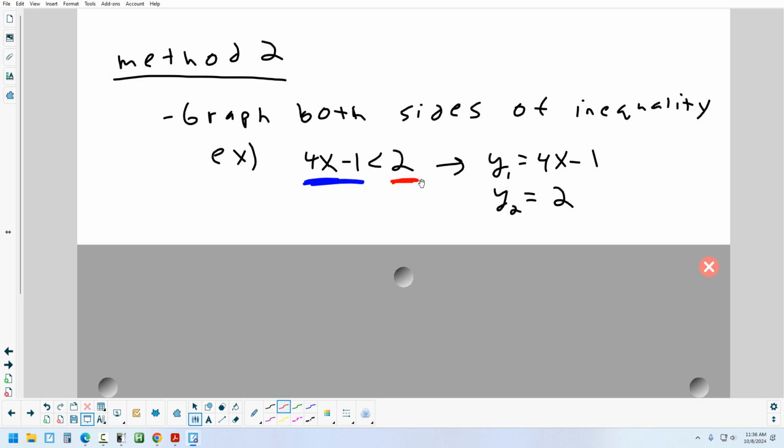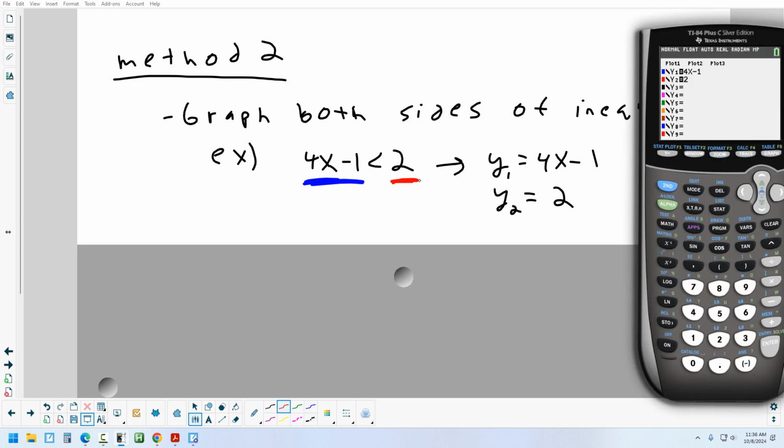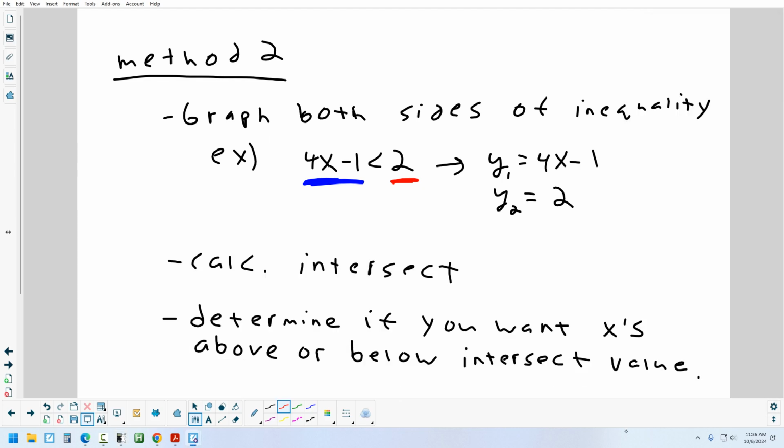Where is the blue less than the red? So let's hit graph. And this time I am not going to calculate a root. What do you think I'm going to calculate this time? Yeah, go ahead, Dave. Intersection. Yeah, this time I want to calculate an intersect.